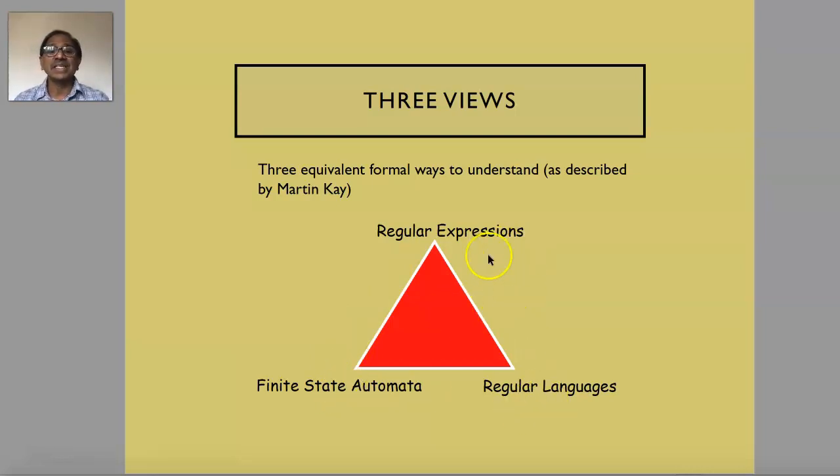Right? This is credited to Martin Kay. It's not necessary that only regular expressions can describe regular languages, or that only finite state automata describe regular languages. Right? The three views come together there.